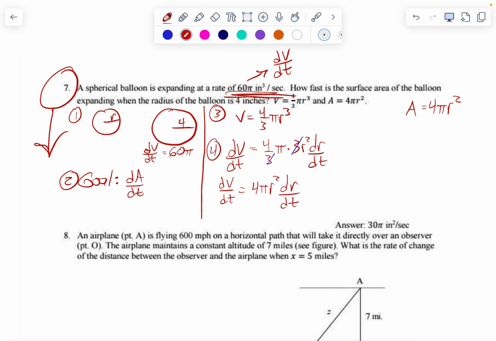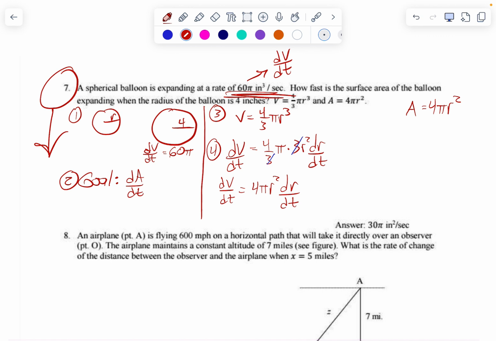Okay. It's looking kind of similar, isn't it, right there? Do you agree? Yeah. All right, so we're working with two different relationships, the volume and the surface area. So what's the plan from here? Remember that I posted it, step 3 said be creative.